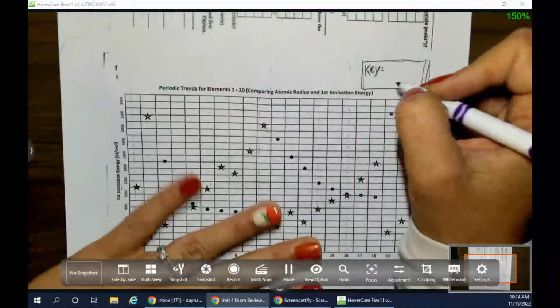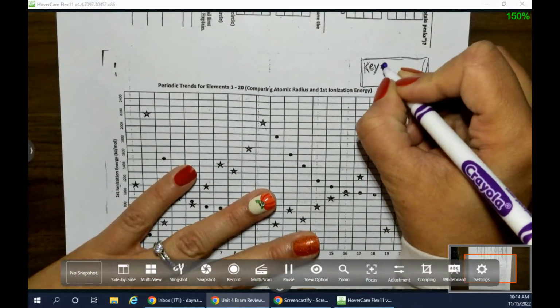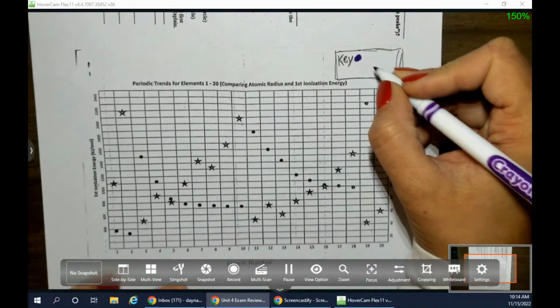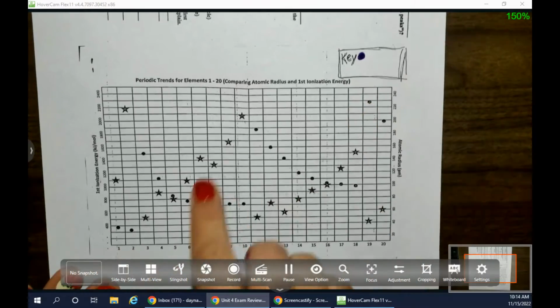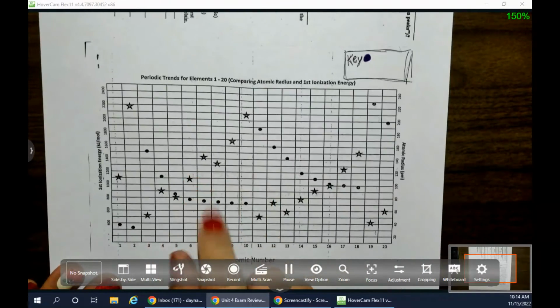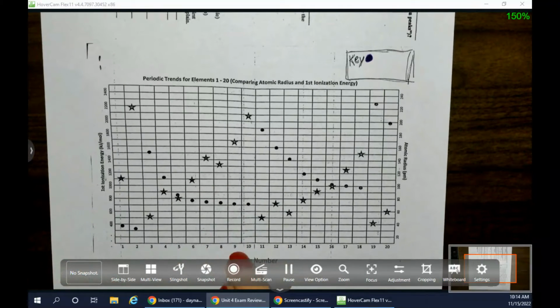So for me, my purple, I'm going to be using with the dots. Do you guys see that we have dots and stars, right? So take a look at your graph. Dots and stars. Okay, we're going to be connecting dots together and stars together.